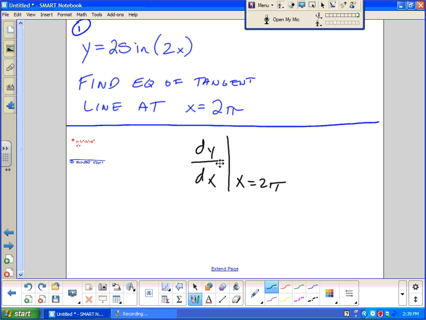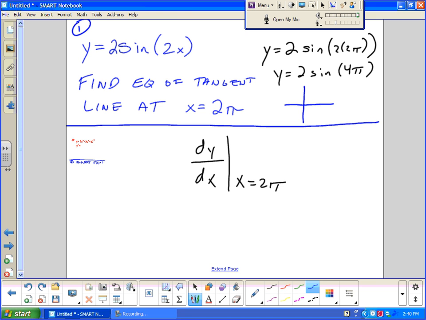I also need the ordered pair, so maybe right away, instead of having x equals 2 pi, I'll use the original function, and I will find the y value. And again, this is in radians. We know from our unit circle that 4 pi is 2 times around, right?